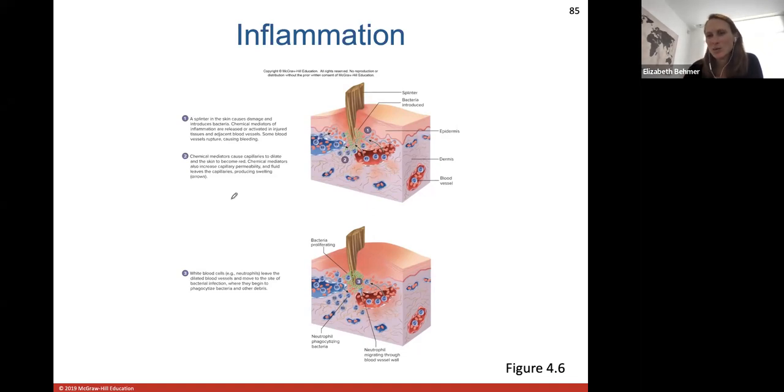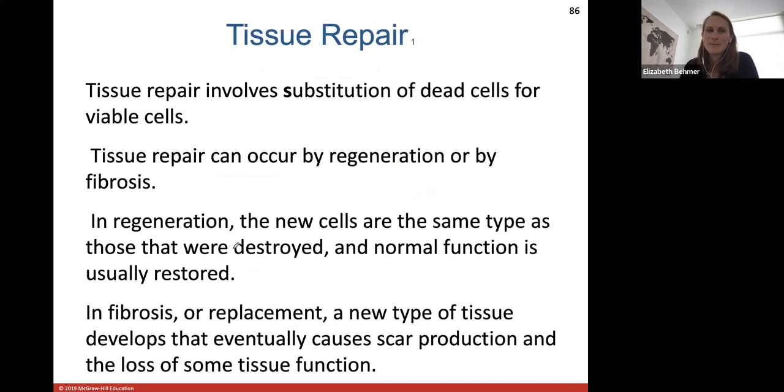So that's why the skin will become red, because blood vessels are dilating to bring more helpers found within the blood to that area. And while the blood cells leave the dilated blood vessels and move to the site of infection, they begin to phagocytize bacteria and other debris. So they eat up anything harmful that could be there.